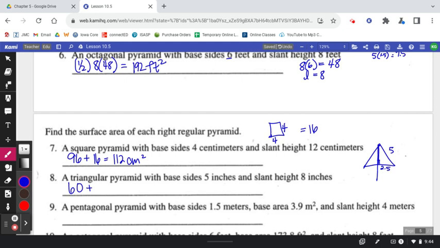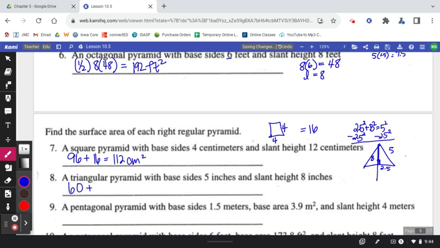Now to find the height of this triangle, I'm going to have to use my Pythagorean Theorem. So I'm going to have to say that a squared plus b squared equals c squared. Subtract 2.5 squared to both sides.